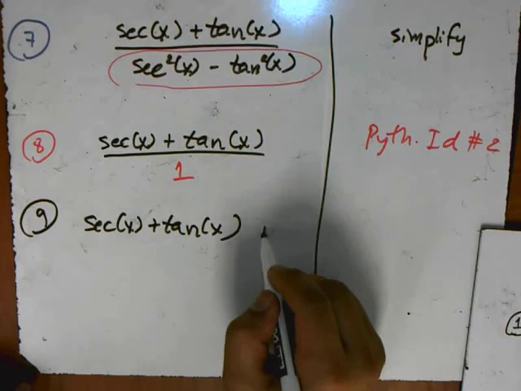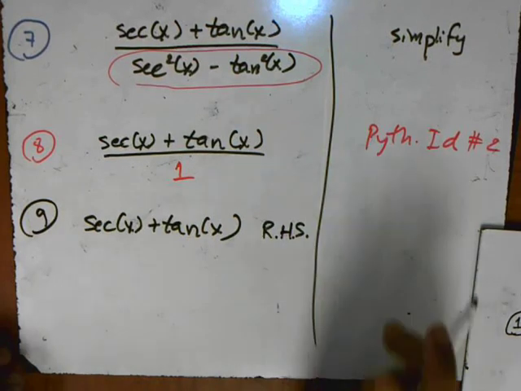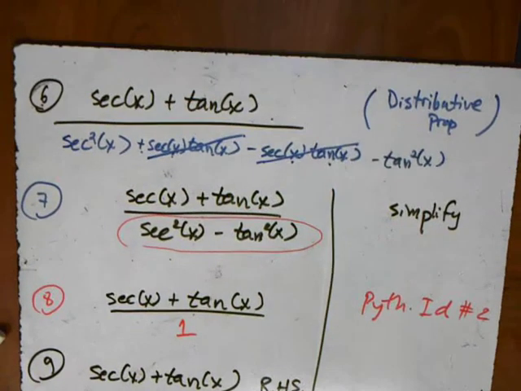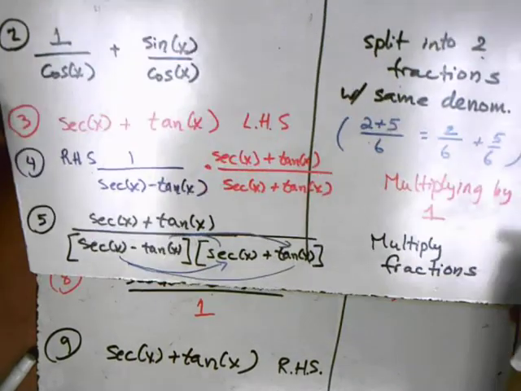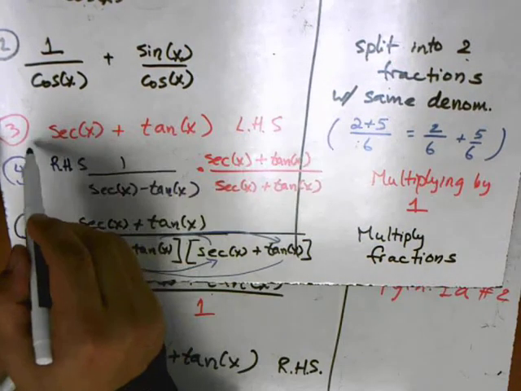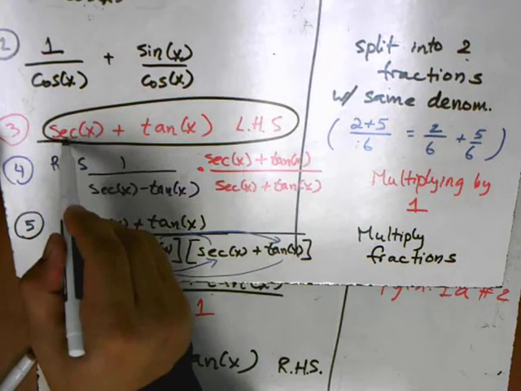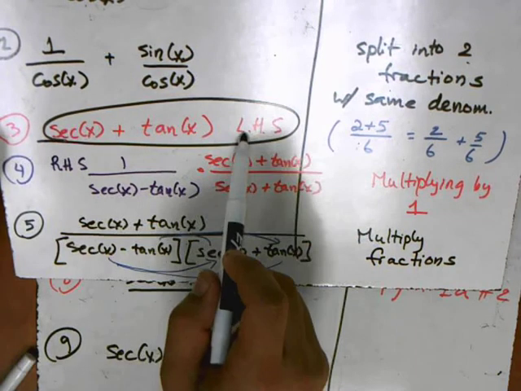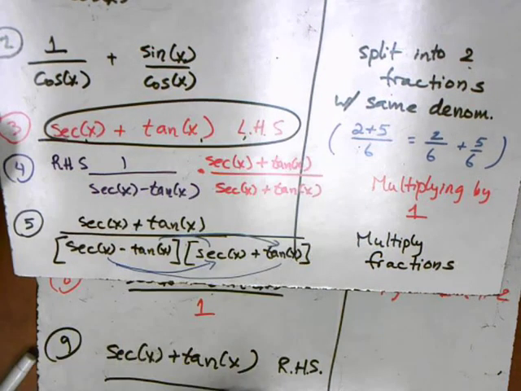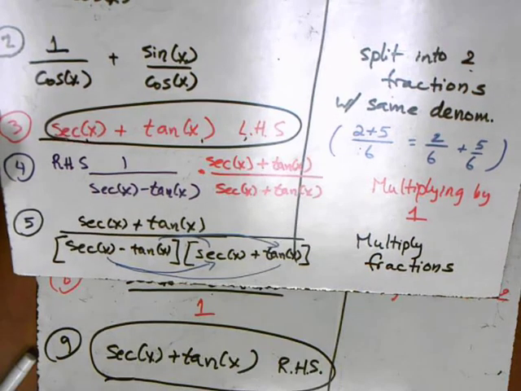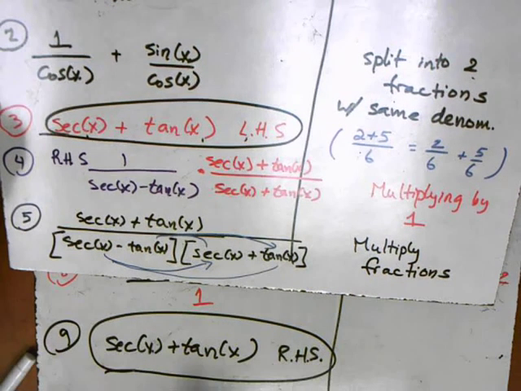Okay? And this is the right-hand side. But if you notice, back in our proof just a few steps, we also got the left-hand side to be the exact same thing. So we show that the left-hand side is really secant x plus tangent of x, and now we've shown that the right-hand side is also secant x plus tangent of x.